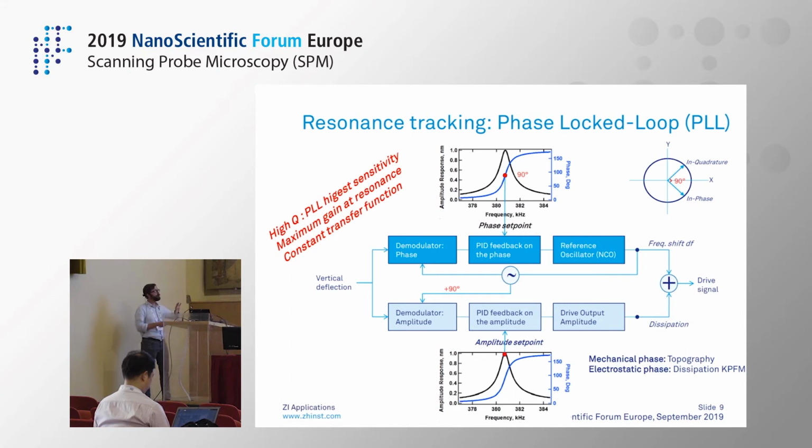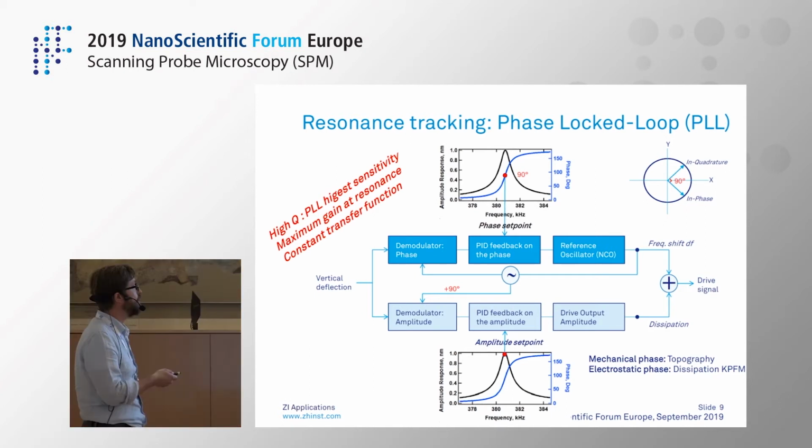So that was for the overall information that we can get from the instrument, and let me focus on the frequency tracking concept and why it is actually quite important.